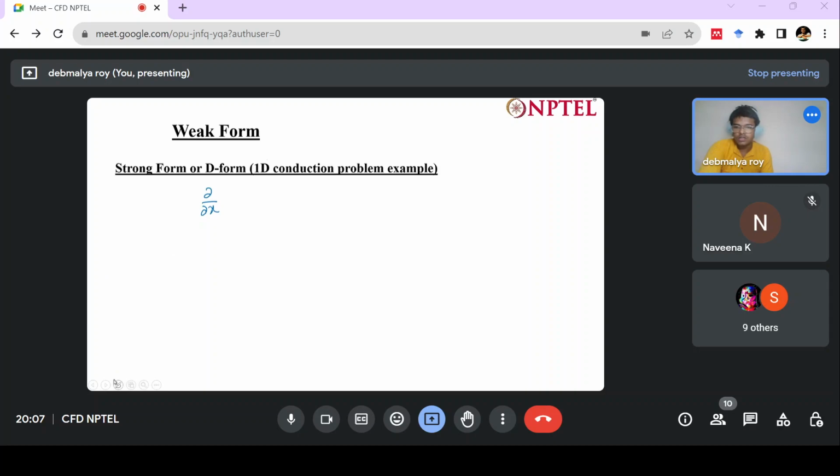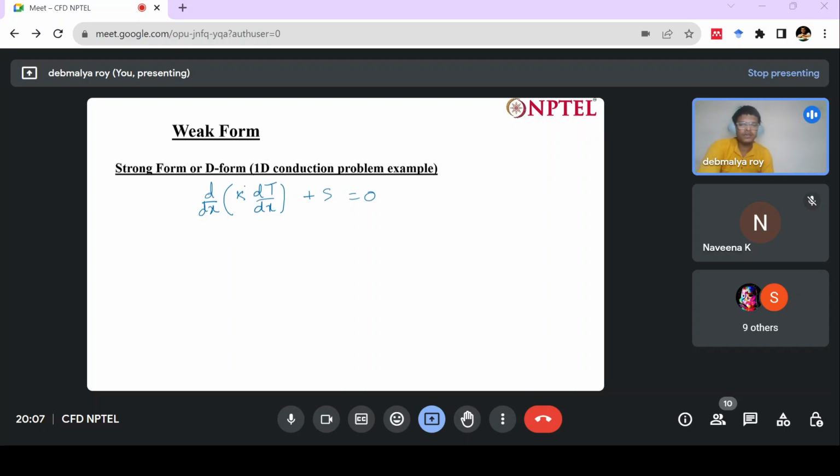Now since there is only one independent variable x, no other independent variable is there. I have already assumed it's steady, so I can replace this by this. So this is my conduction equation.